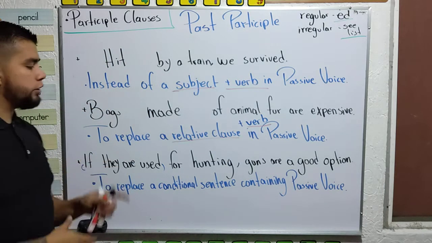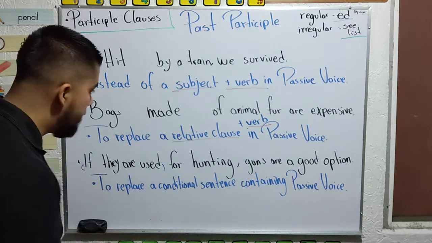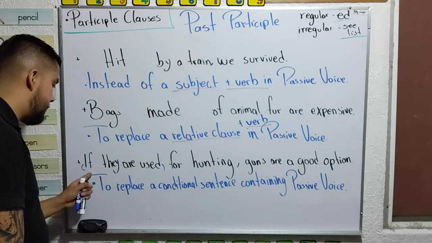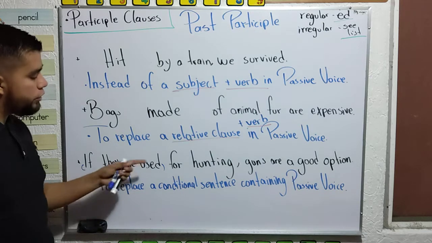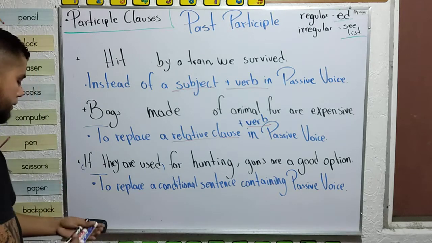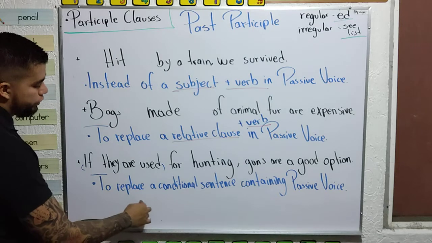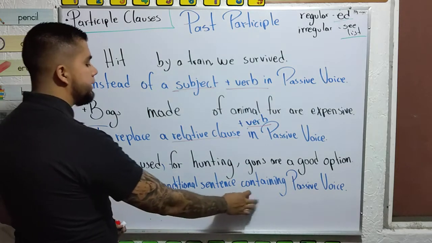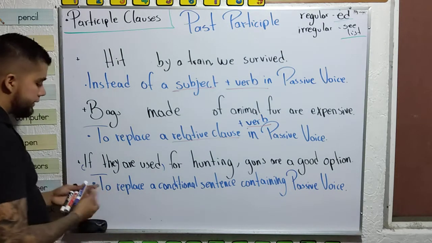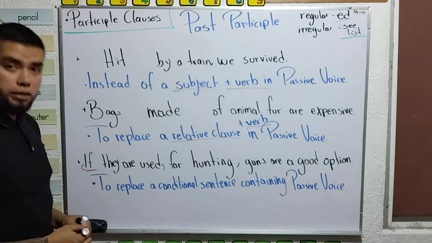And the third example. If they are used for hunting, guns are a good option. So, this is a conditional sentence. If they are used for hunting, guns are a good option. So I'm going to use the participle form of the verb to replace a conditional sentence containing passive voice. Remember that my conditional sentence is where I have the if.